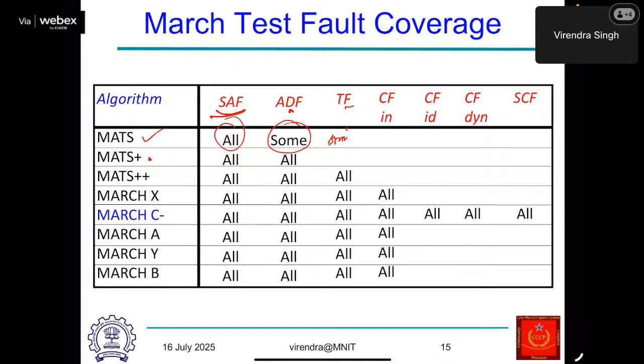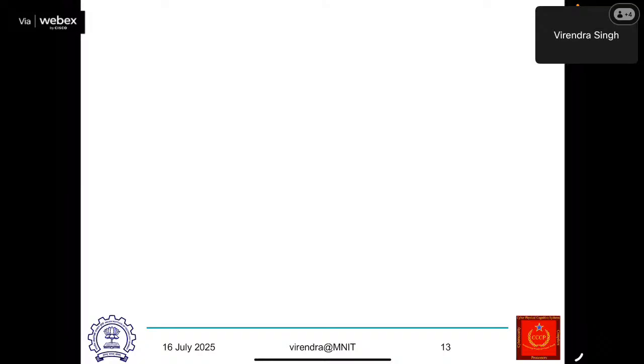If you go for MATS plus, this can detect all address decoder faults. And MATS plus plus, maybe now you can go and analyze.